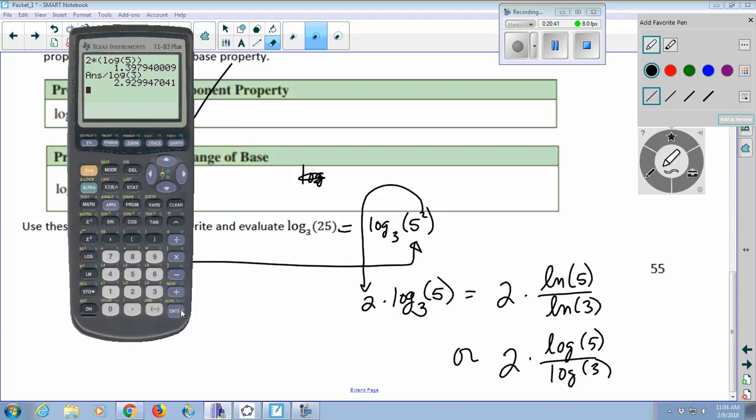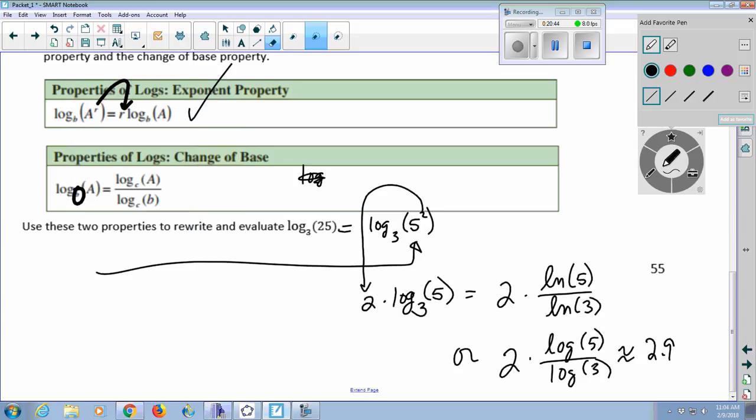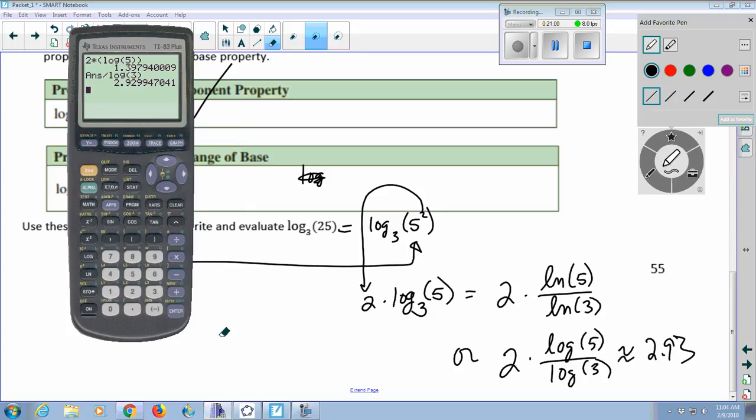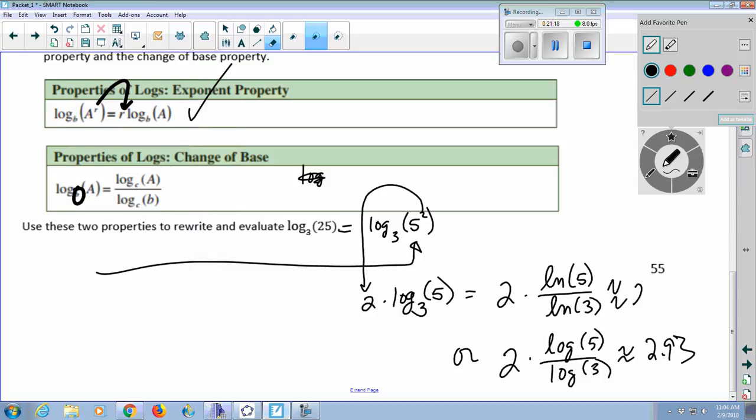And that's about, as an approximation, 2.93. Okay, I'm just going to demonstrate this. And 2 times the natural log of 5 divided by the natural log of 3. Exact same answer. So it doesn't matter which one you do.